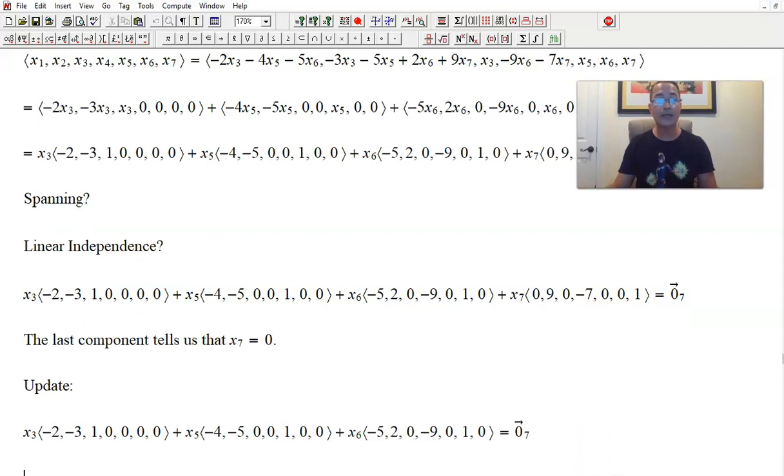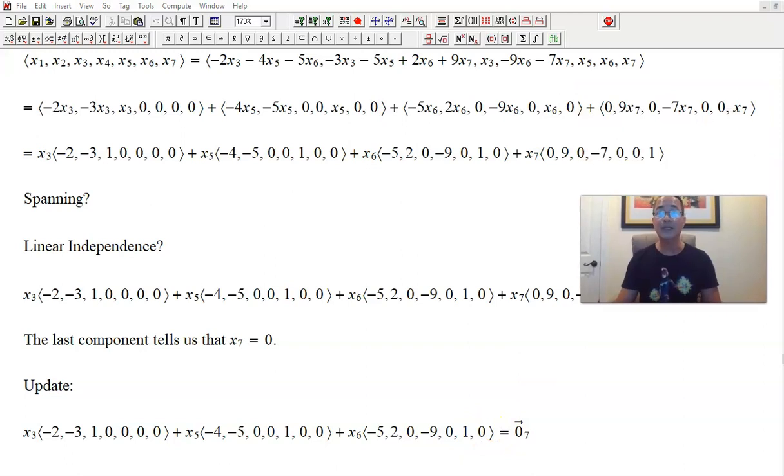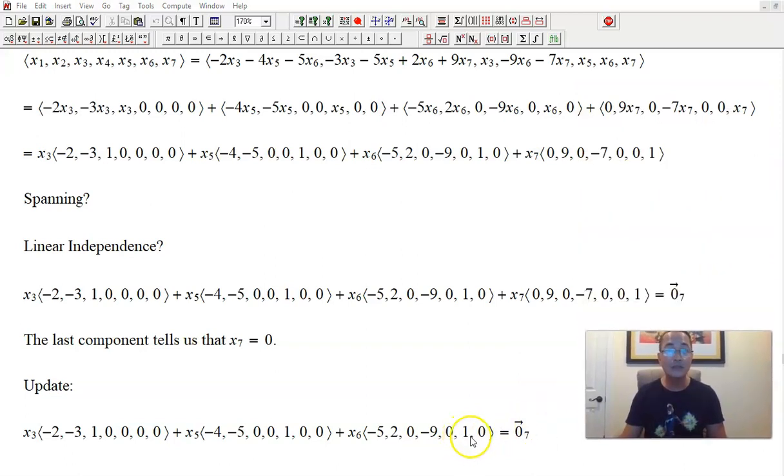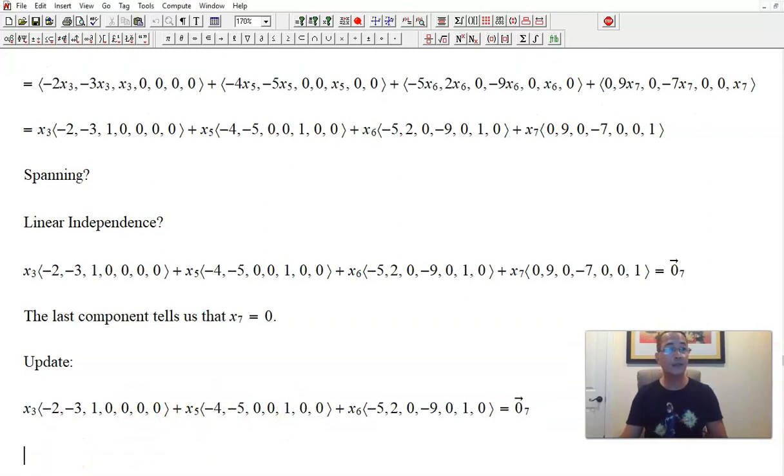Well, let's look at the next component from the right, and that will be the 6th component. And what do we see? We have a 0 in the 6th component here, and a 0 in the 6th component here. So now, the 6th component now tells us that x6 has to be 0.